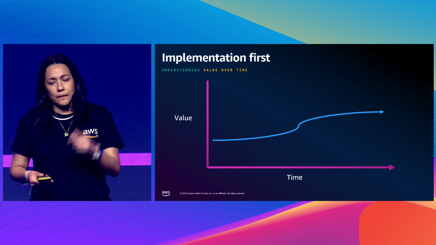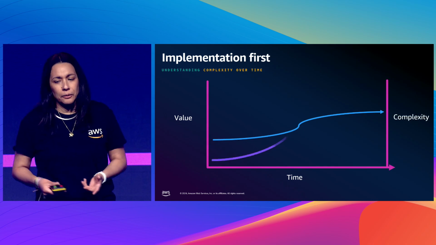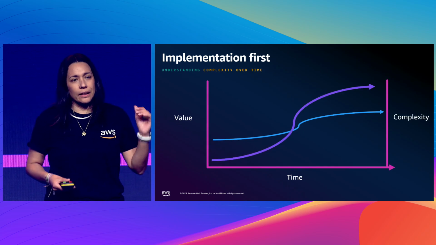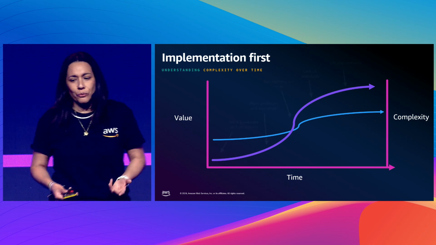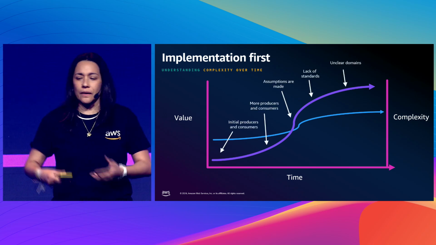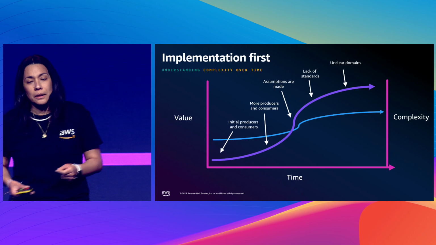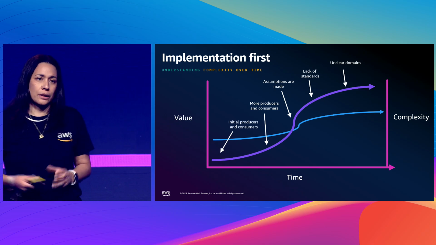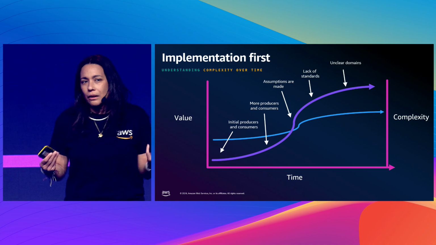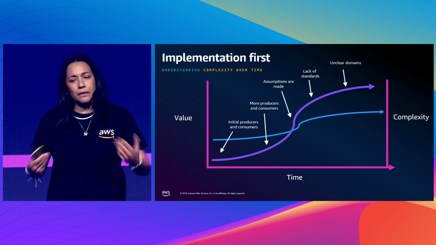And if we plot the complexity over time, we also see that it tends to increase quite a lot. And the reason for that is that, yes, we had our initial producers and consumers, and we added more. But there were also several things that we kind of overlooked as we started. We made a lot of assumptions that we didn't really verify.